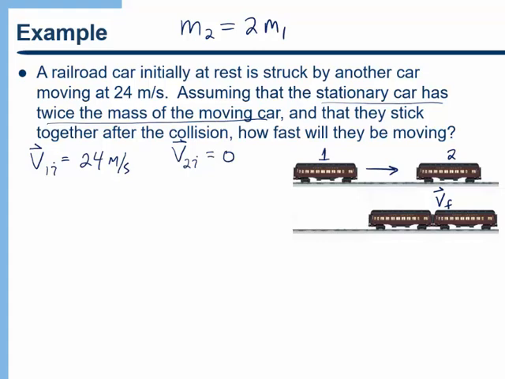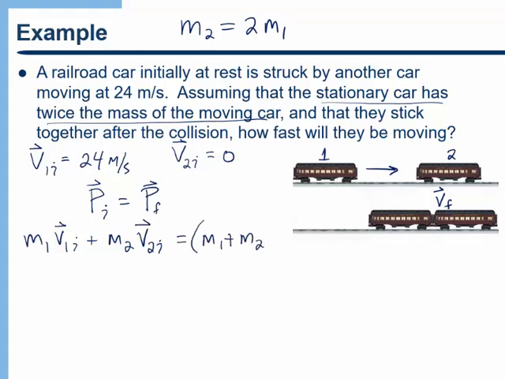And I'm now going to write down conservation of momentum. So as we just looked at generally, we know PI is equal to PF. And so in this case, I've got m1 v1 initial plus m2 v2 initial is equal to m1 plus m2 times v final. Now there's no mystery about what direction the two trains are going to be going in after this collision.